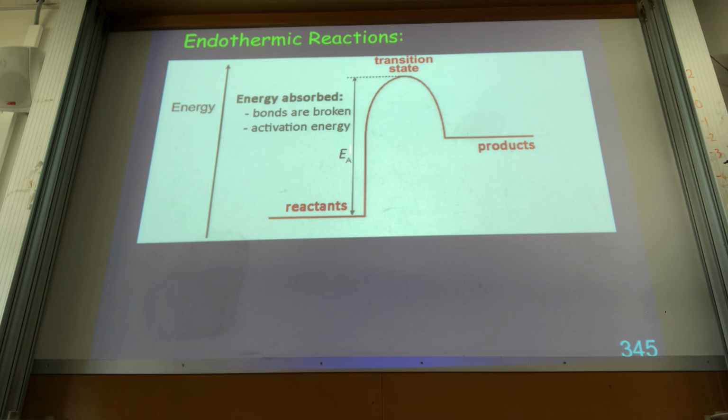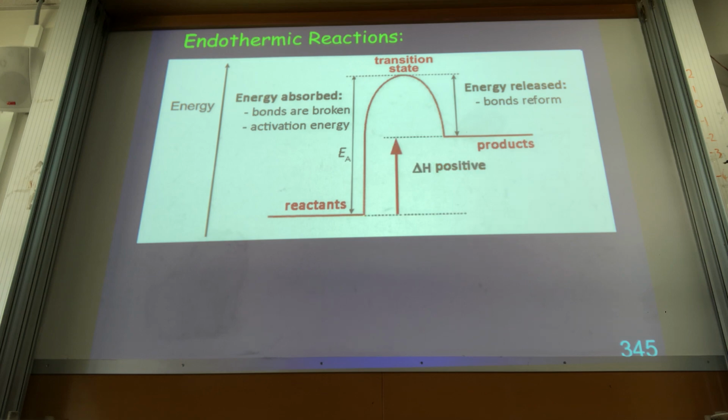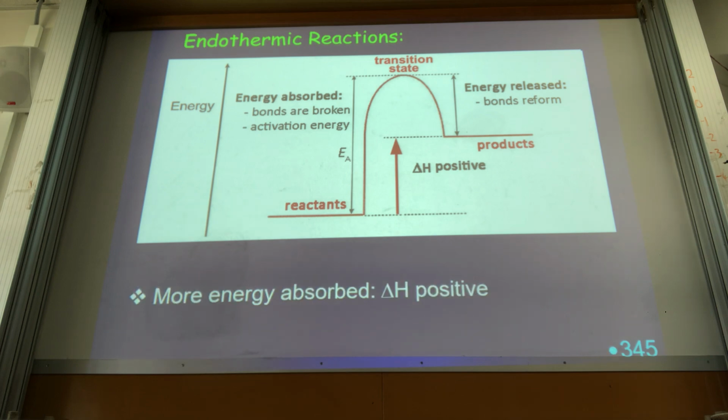We've got a very high activation energy compared to the amount of energy released when the new bonds form. So overall, the products have got more chemical energy than the reactants. We've got delta H being positive. That energy gets absorbed from the environment, so we perceive it as being colder.